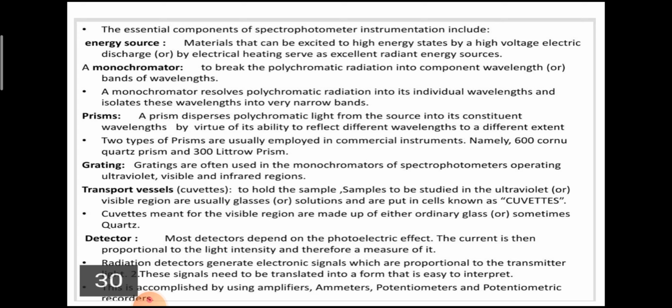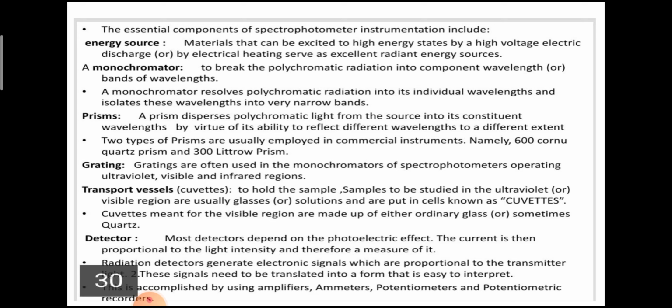So the essential components of spectrophotometer instrumentation include: the first one is the energy source. Materials that can be excited to high energy states by a high voltage electric discharge or by electrical heating serve as excellent radiant energy sources.